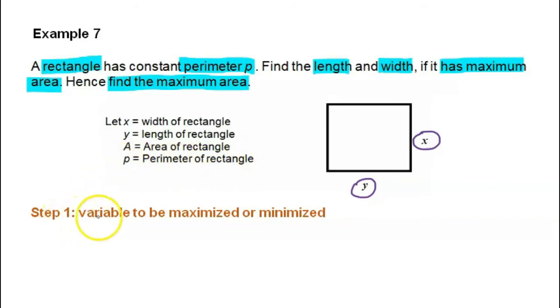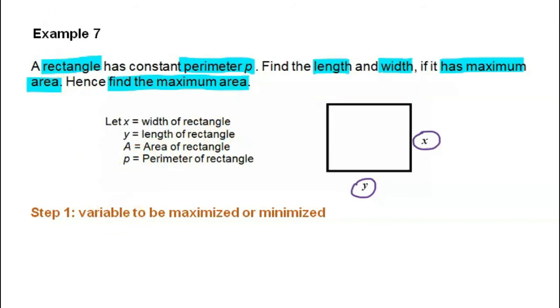So step 1 is to identify the variable to be maximized or minimized. Since in this question we have two things, one is area and the other measurement is perimeter, we need to be clear on what needs to be maximized or minimized. As the question mentioned, find the maximum area, it is very clear that the variable to be maximized is the area of the rectangle.